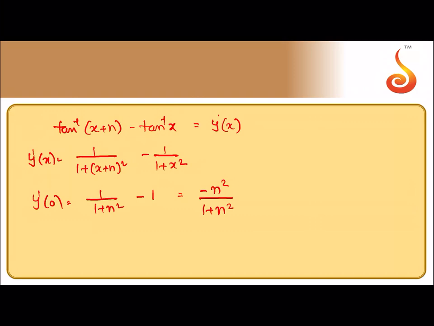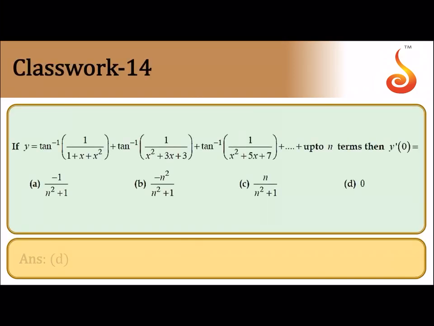So we get y dash 0 equal to 1 by 1 plus n square minus 1. So from this we get minus n square by 1 plus n square. So option B is correct.